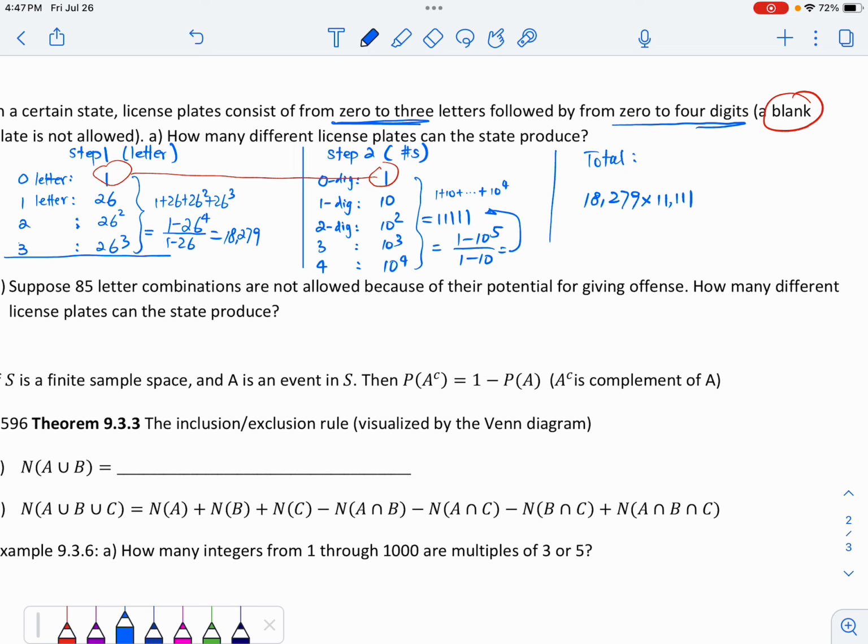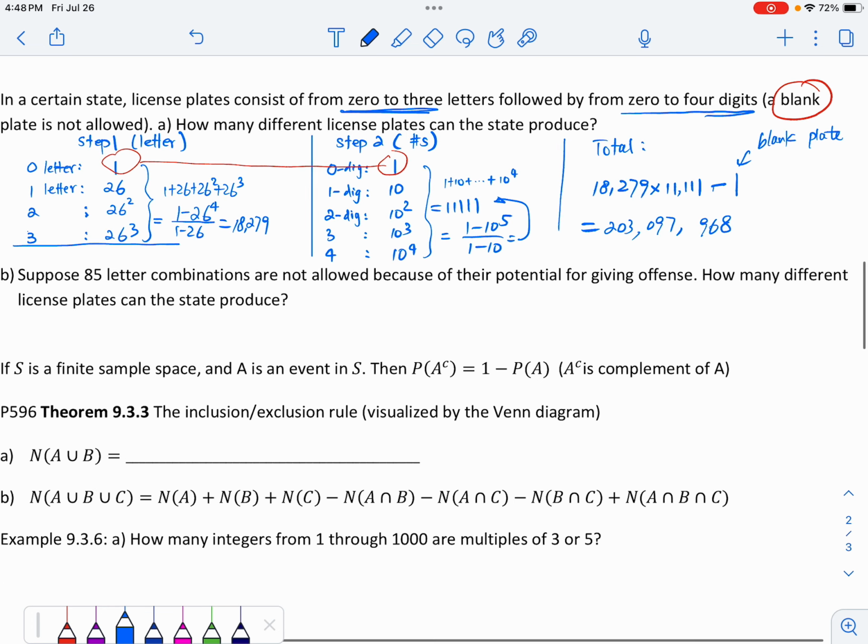Therefore, we have to subtract that special case, the blank plate. So my algebra turns out to be 203,097,968 plates.